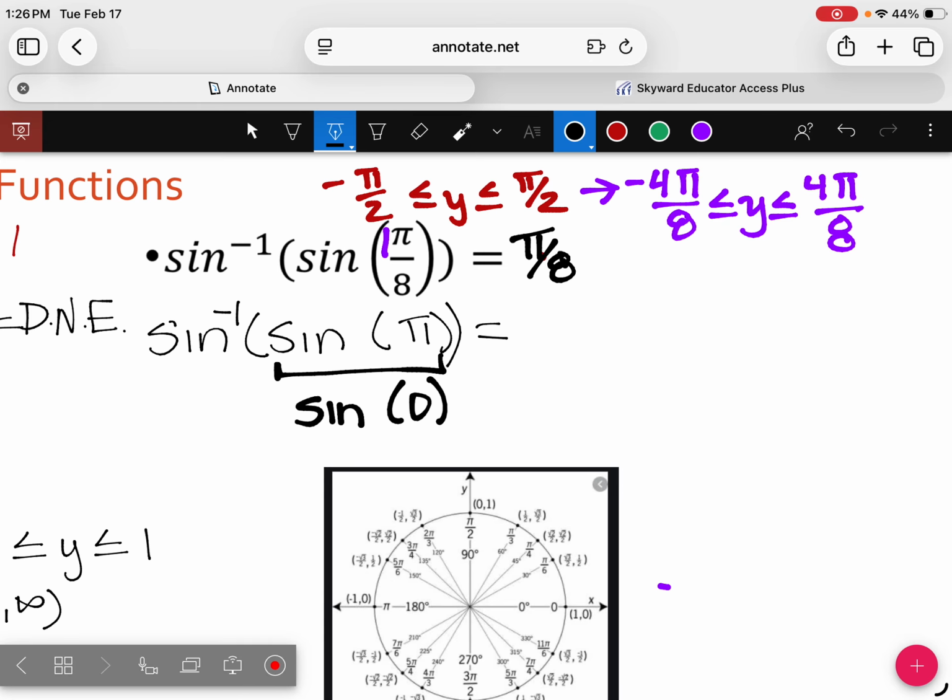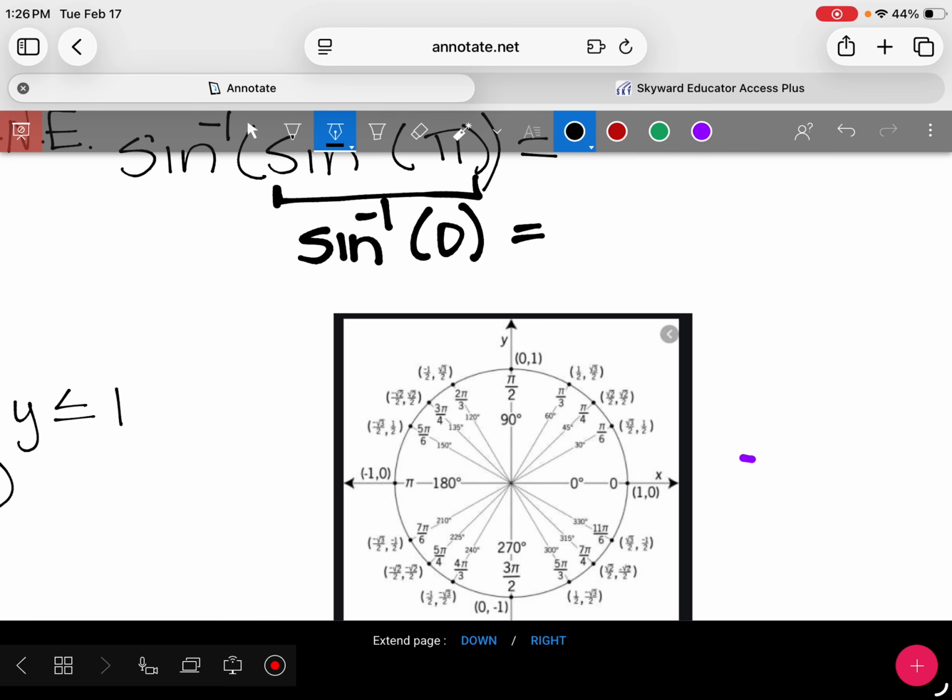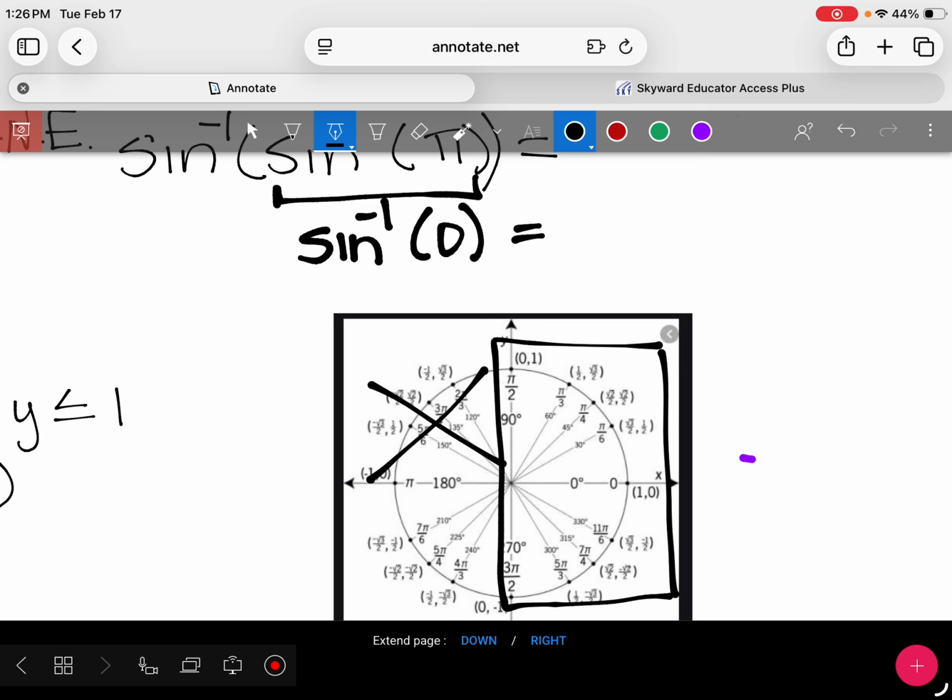Now remember, pi is over here. We can't use that. So I got to look over here. What angle in 1 or 4 has a sine of 0? 0. So your answer would be 0.